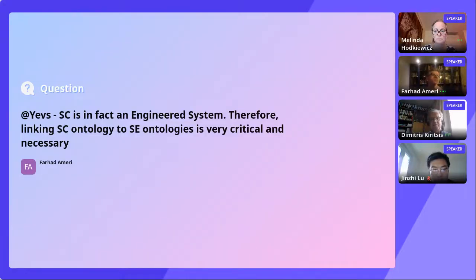Good. So I see a comment from Farhad here with regard to system engineering ontology. Farhad says that supply chain is an engineered system, and as such, it needs to be connected with other elements, and the system engineering ontology is critical and necessary.